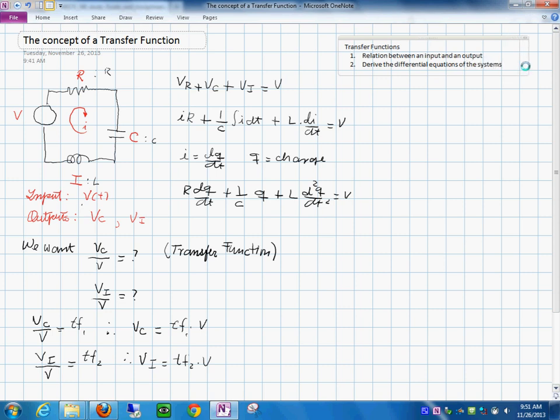Yeah. And then as number 3, we need to apply the Laplace transform.